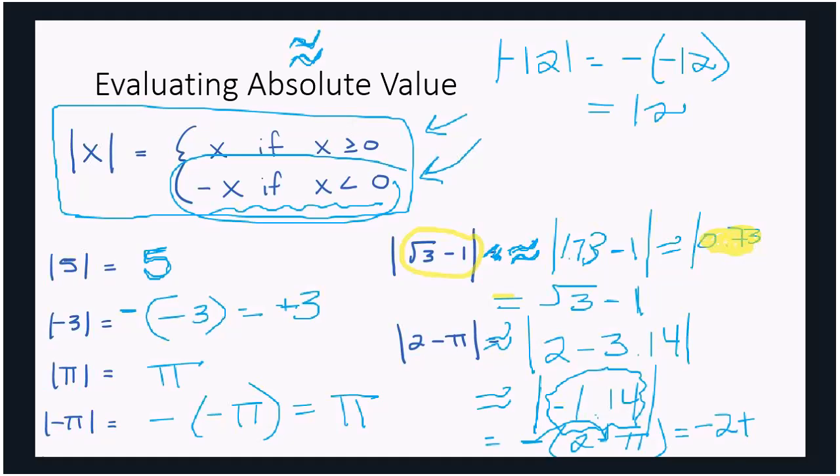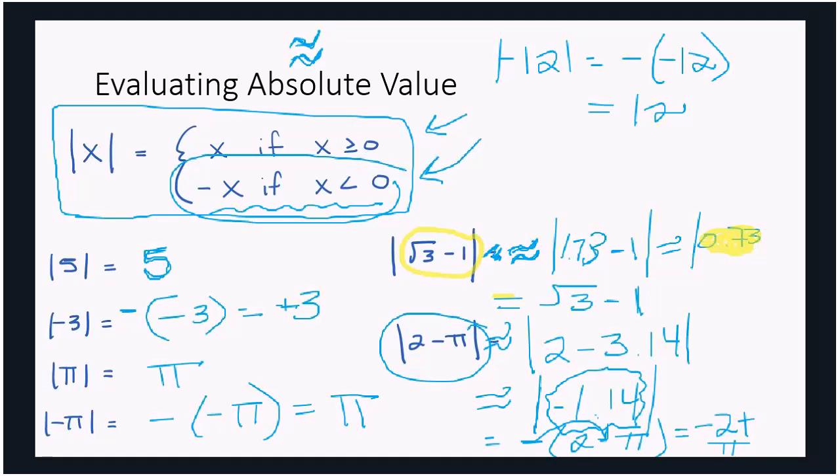And of course it's not going to let me put my pi there, so I have to put it underneath. So I'll have negative 2 plus pi is the absolute value of 2 minus pi. When you're doing absolute values of expressions, first find out the approximate value of the expression inside of the absolute value bars.